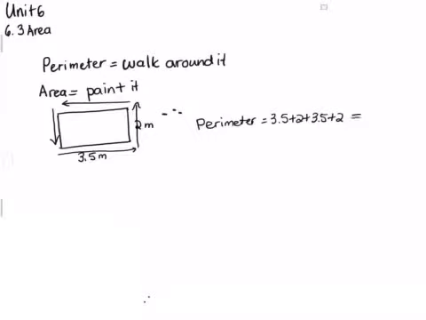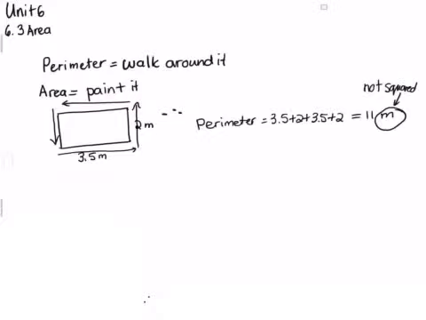So altogether, how far did I walk? 11 meters. Don't forget the meters, the units. And another thing is, it is not squared. I didn't multiply the meters. I just added them.